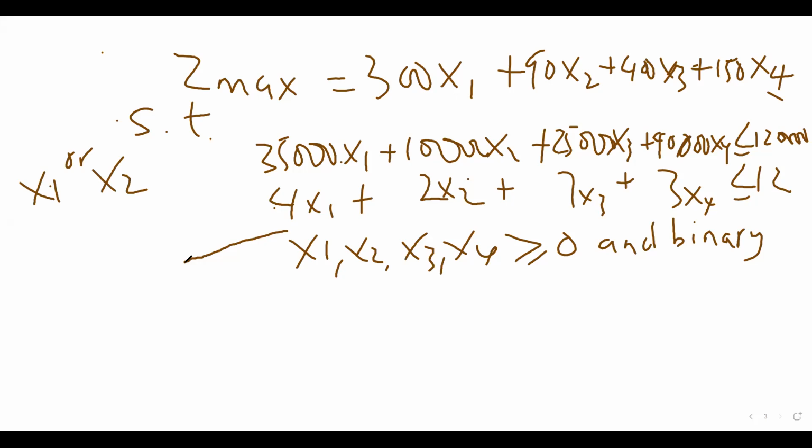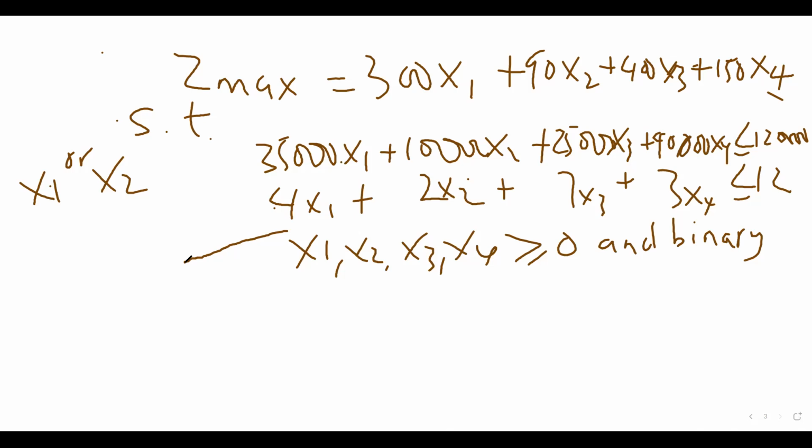So what does that mean? This means that X1 or X2 can be constructed. In other words, the word can be constructed means has a value of 1. Remember, for you to be constructed, you must have a value of 1. If you are not being constructed, you must have a value of what? 0.